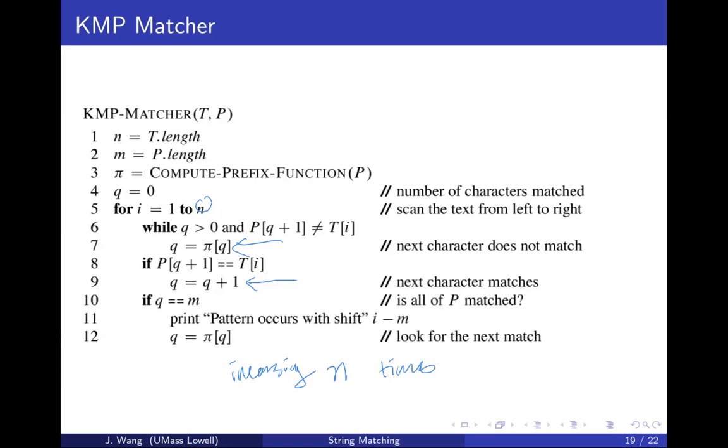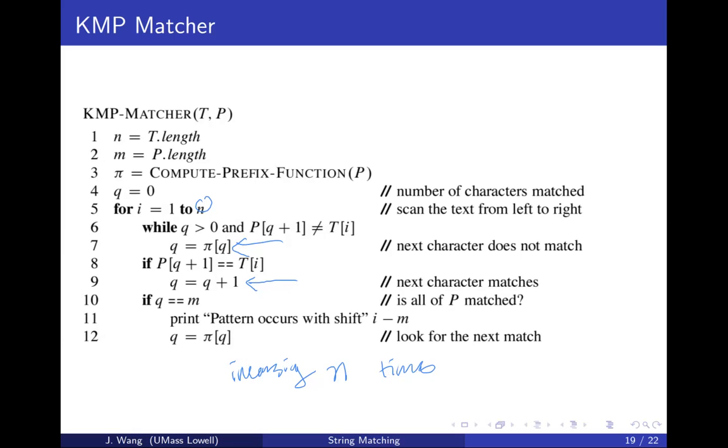It's not hard. It just has a very clever observation on this partial matching. Okay, so you figure out partial matching, where would be the next position you start matching again.